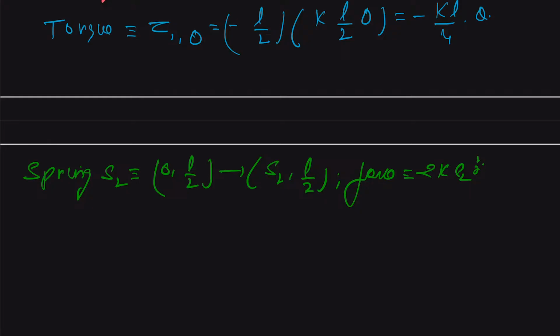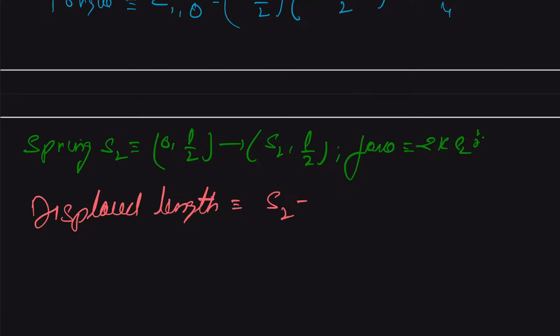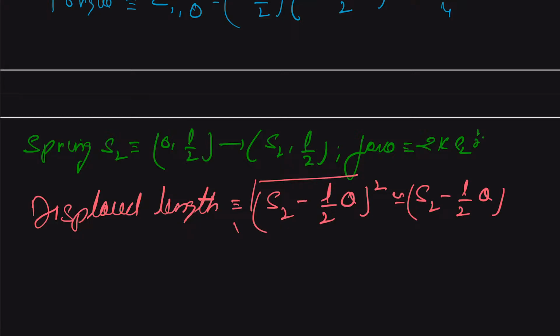And now we can just find out our length. So we can say our displaced length is going to give us the square root of S2 minus L2 theta whole square, which is approximately equal to S2 minus L2 by theta.